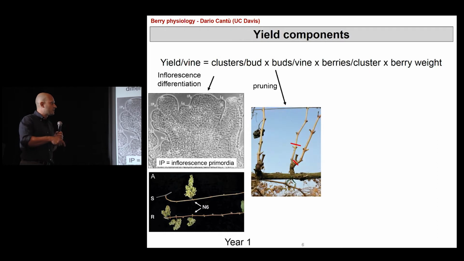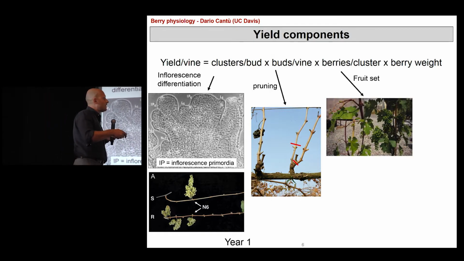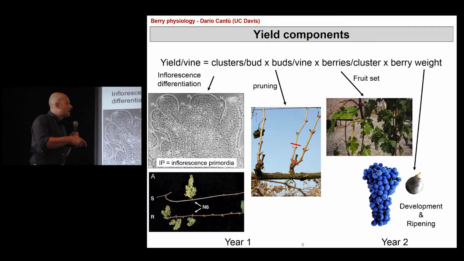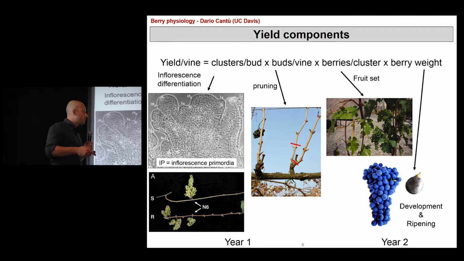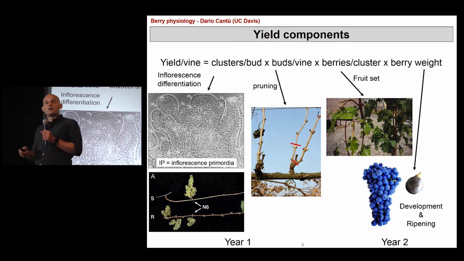Obviously, we keep a certain number of buds with inside them a certain number of inflorescences. And then we go in year 2. In year 2, we're going to have the number of berries that actually set on those clusters. And then we're going to have their development and ripening, influencing obviously yield and composition.